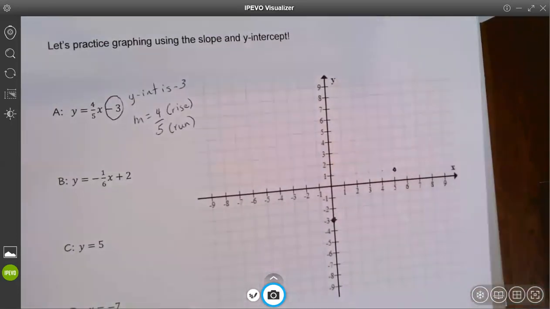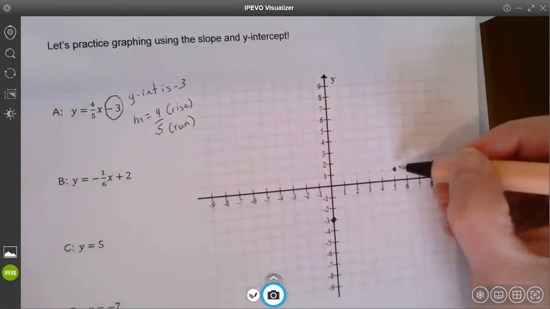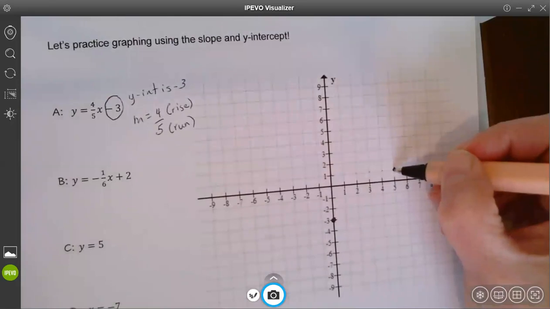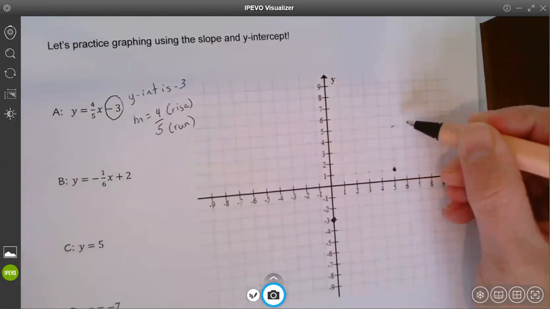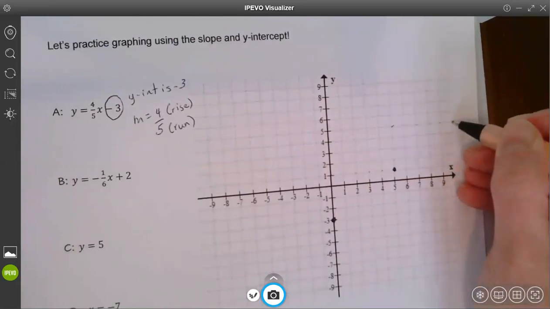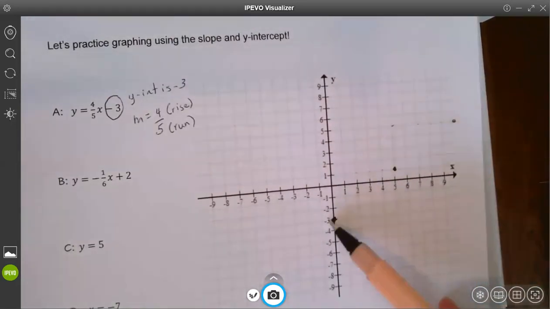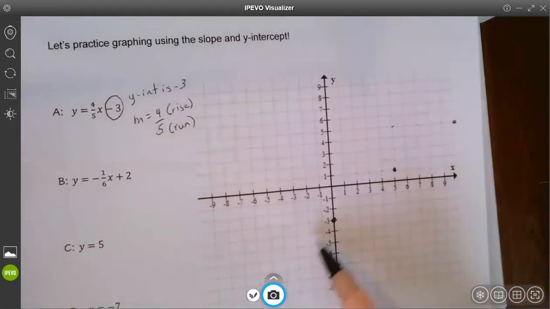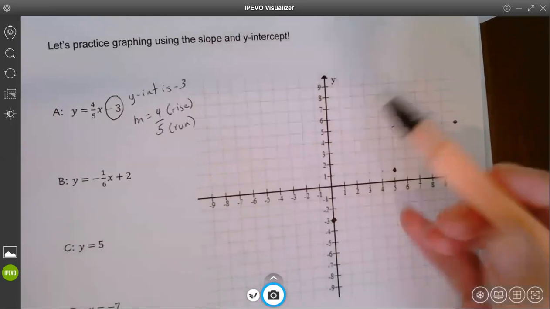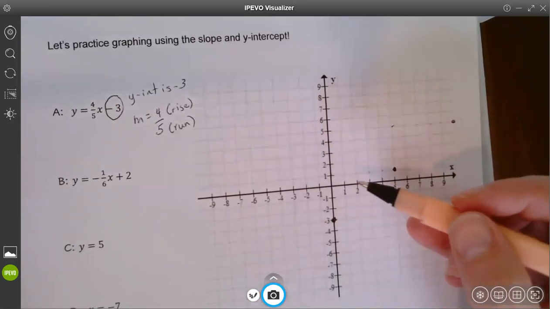This is now a second point on my graph, and to find a third one, I can repeat the process. From this new point, we count up 4, forward 5. This is going to take me up in the positive direction, but I know that this line continues in the opposite direction, so you can actually do the opposite.